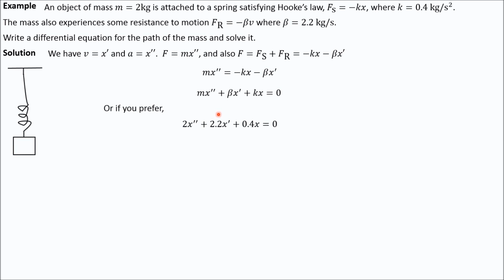So this is the differential equation we have once we plug in our mass, resistance, and spring constant, m, beta, and k respectively. So this is a second order differential equation because it involves the second derivative of our unknown function x of t.